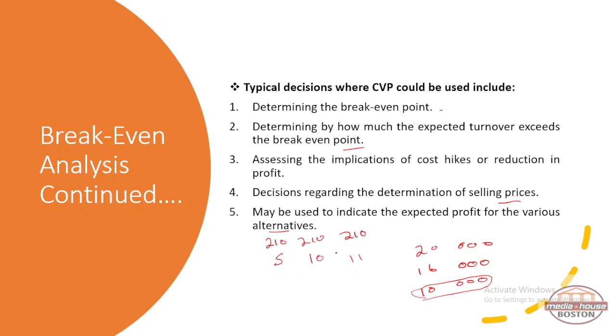So we're going to perform a CVP based on all of these, and each and every one will show us which one gives a lower break-even point. Once we find the one that gives the lowest break-even point, we're going to accept this supplier to supply us with the product. But before we accept the supplier, we also have to determine whether the supplier will be able to supply us on time and all of those.